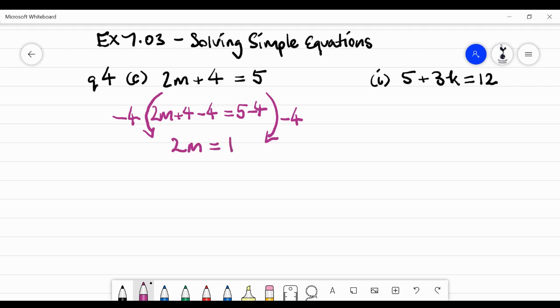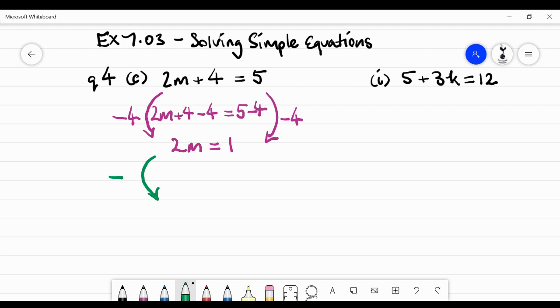We still haven't solved it. We need to do another step to get down to m. Do this step 2 in green first. So 2m is equal to m times 2. The inverse operation of times 2 is divided by 2.